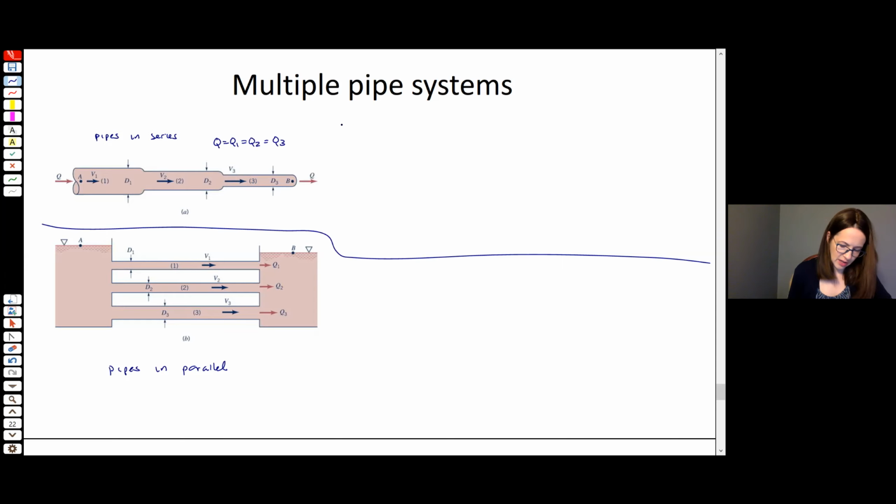And then our head loss from A to B is going to be the head loss in pipe 1 plus the head loss in pipe 2 plus the head loss in pipe 3, right? So when you have pipes in series, the head losses just add up, right? This is for this particular system with 3 segments of pipe in series.